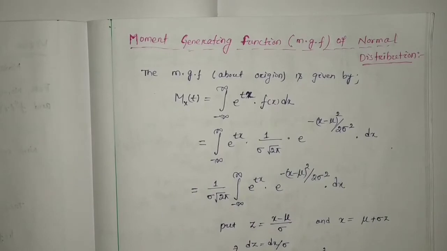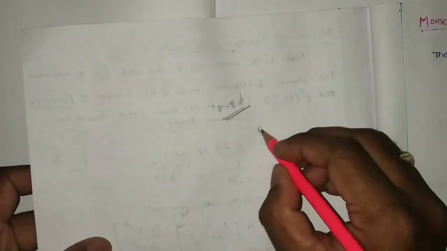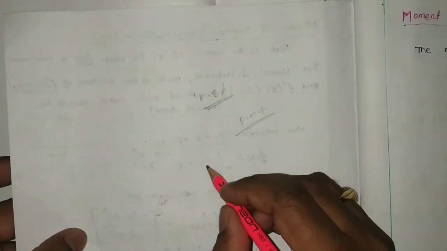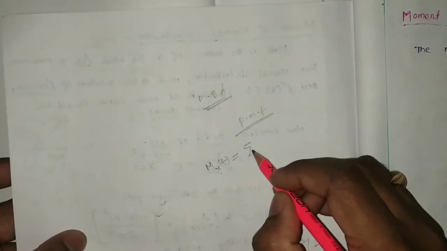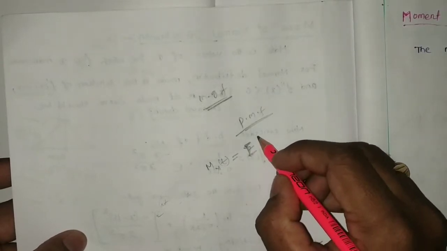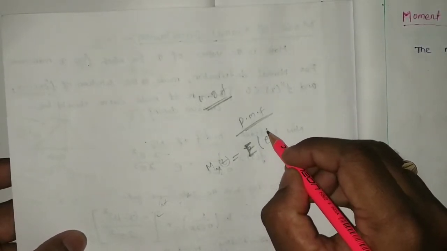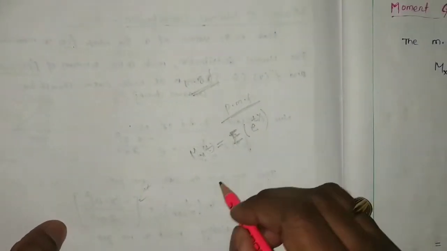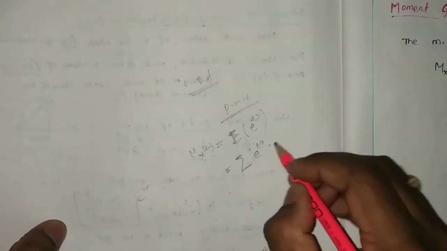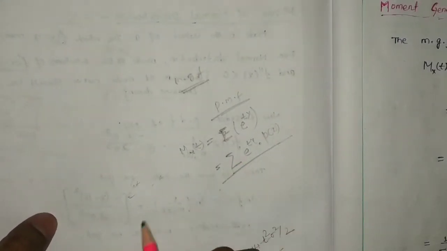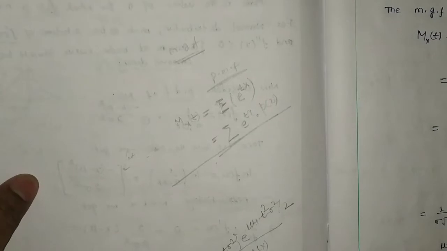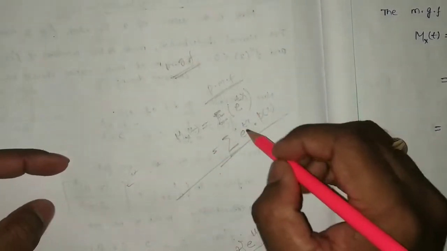Just recall the m.g.f. in general: if we have a pmf, or a discrete distribution, then about the origin M_X(t) is nothing but the expectation of e to the power tx, or the summation of e to the power tx into p(x), which we have already discussed in our discrete distributions in previous classes.